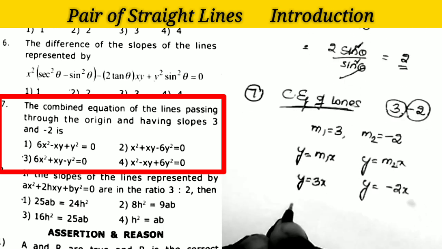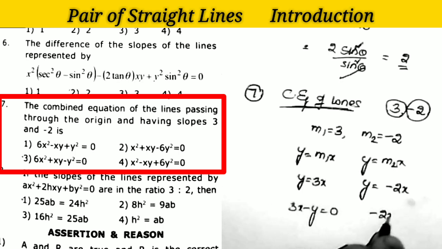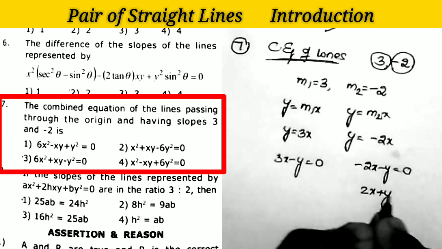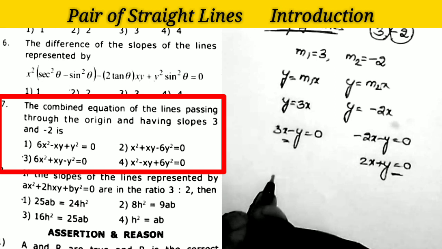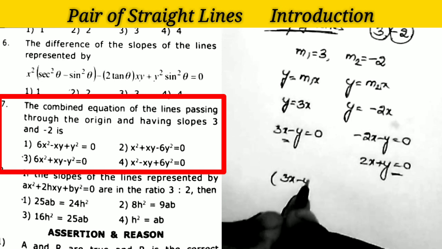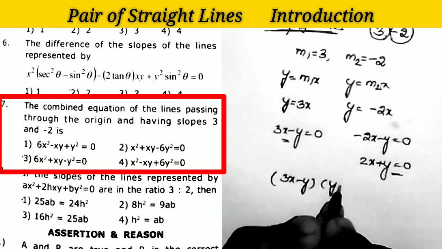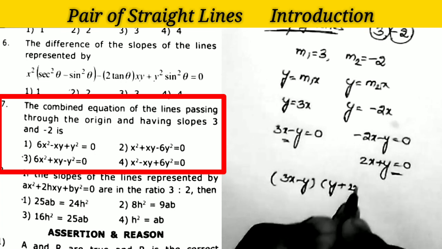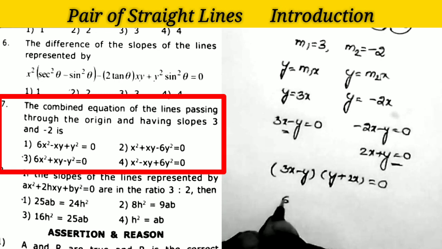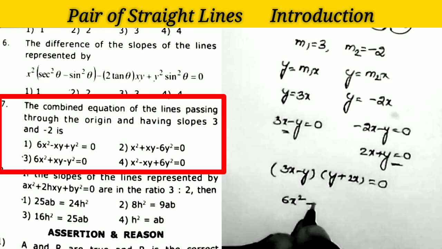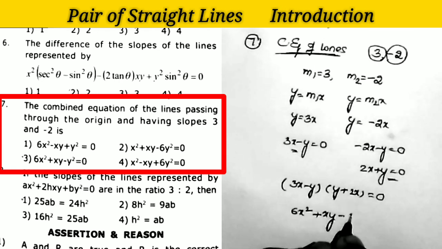Means the first line is 3x − y = 0 and the second line is −2x − y = 0, which means 2x + y = 0. Now we want the combined equation, so simply multiplying these two equations: (3x − y)(y + 2x) = 0. Multiplying, we get 6x² − 2xy + 3xy + xy − y² = 0.